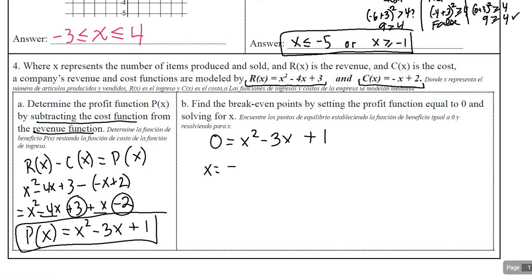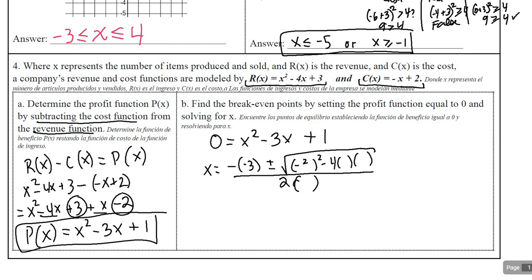x is equal to negative b plus or minus the square root of b squared minus 4ac all over 2a. So let me plug these in. Negative b, a and c are both 1. All right.